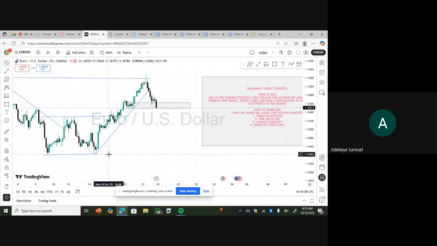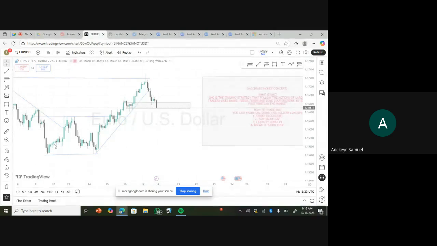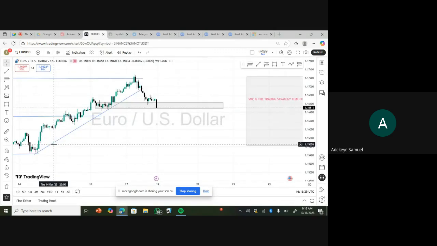But for you to know the structure of the market, for you to know who is in control of the market, there's something we call top-down analysis. In that top-down analysis, you have to check the structure of the market from the 1 hour time frame, to know who is in control of the market.